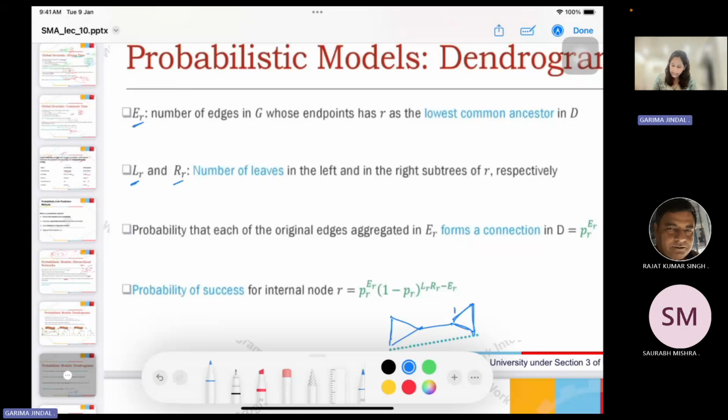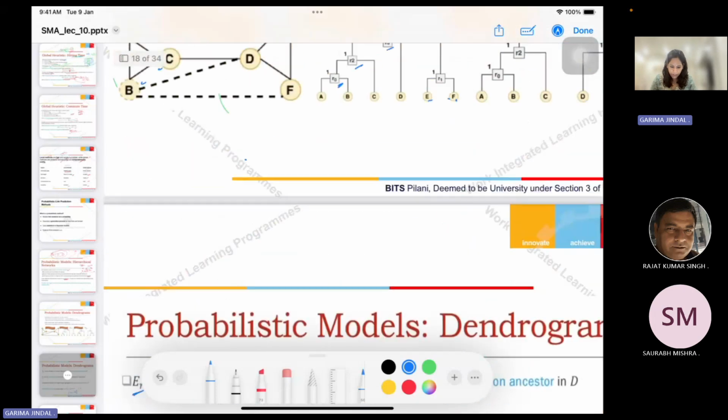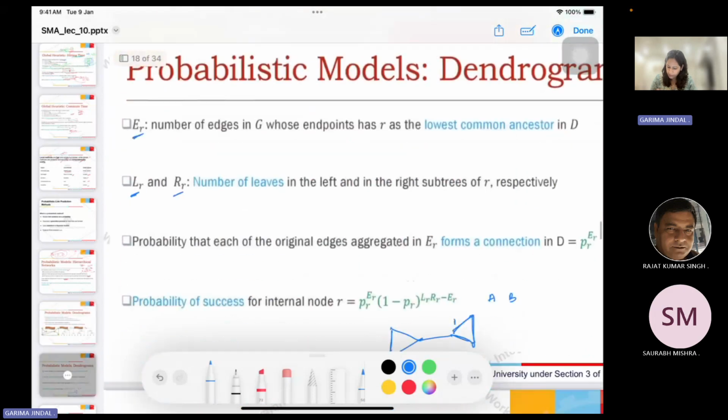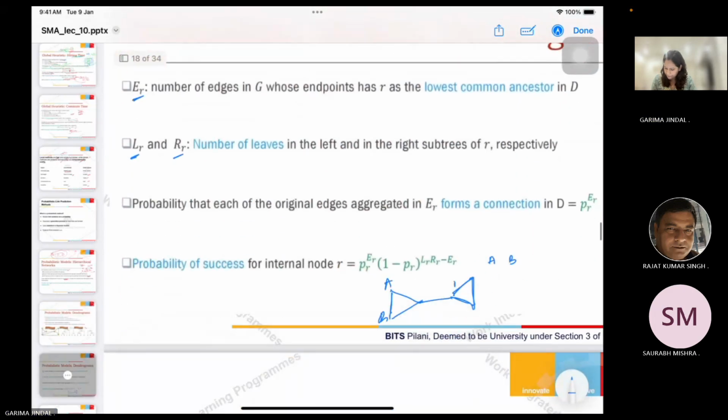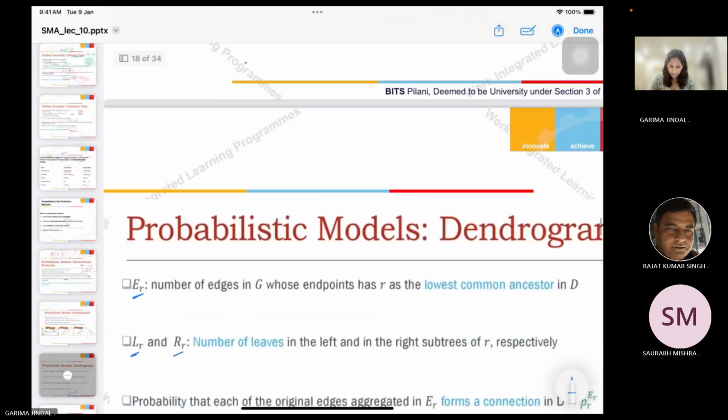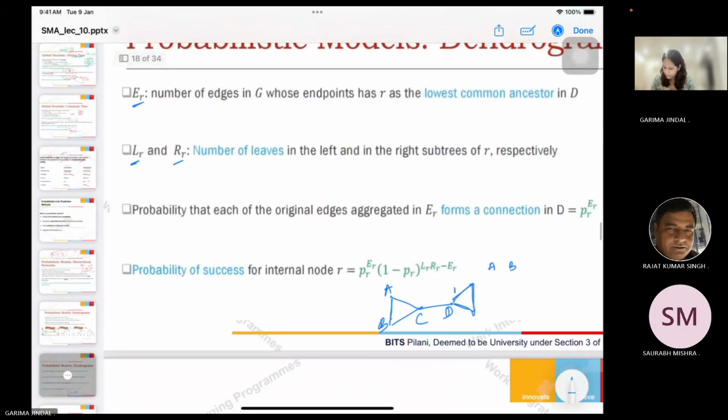Let us assume that I have this dendrogram, with nodes A, B, C, D, E, F. I try to construct the dendrogram for this network.